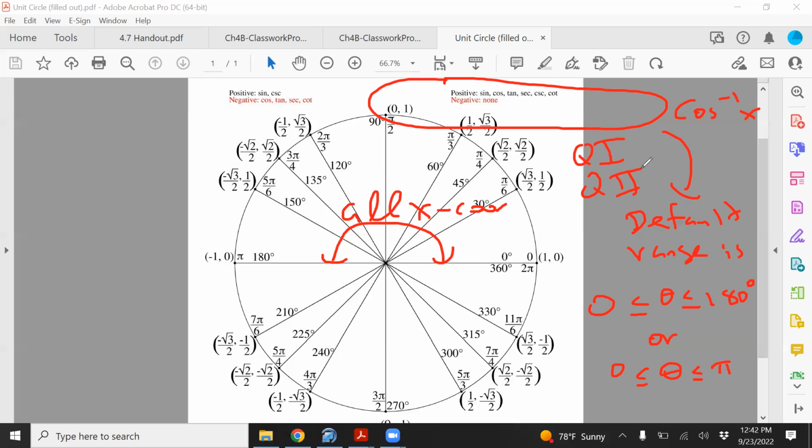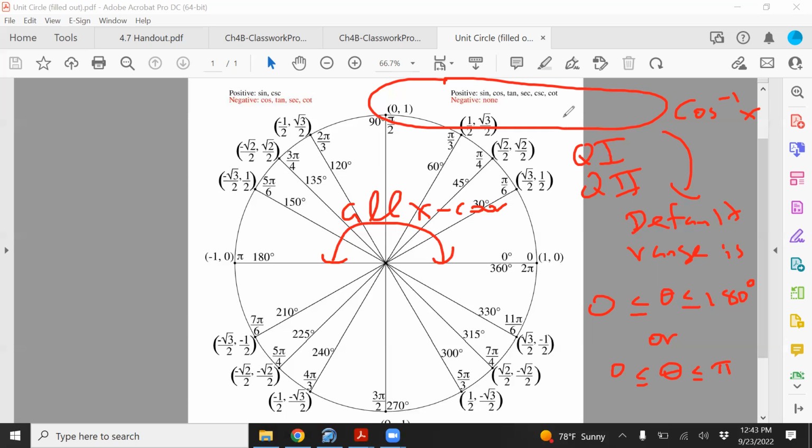The reason why that's the default range is because it guarantees all x coordinates. Because actually it's cosine in this circle, y is sine. Because remember SOHCAHTOA, that stuff we did a while ago.